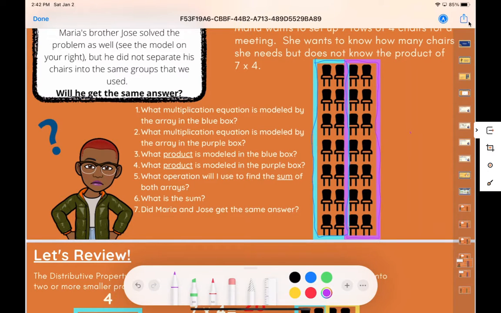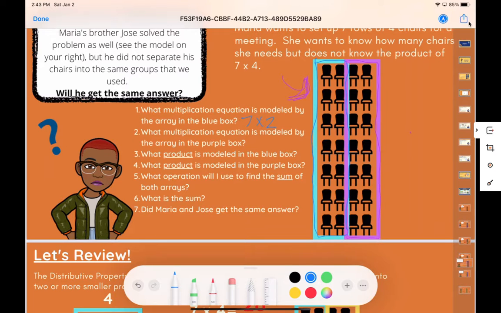In the blue box, this box right here, what multiplication equation is being modeled? I hope that you said that the multiplication equation modeled in the blue box is 1, 2, 3, 4, 5, 6, 7 by 2. 7 by 2.